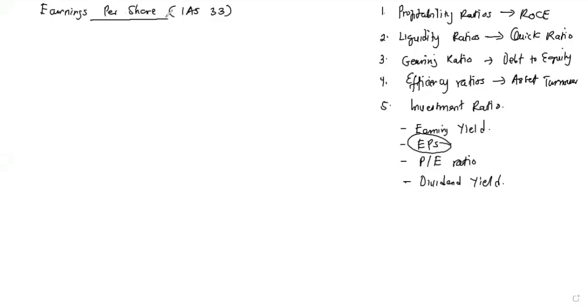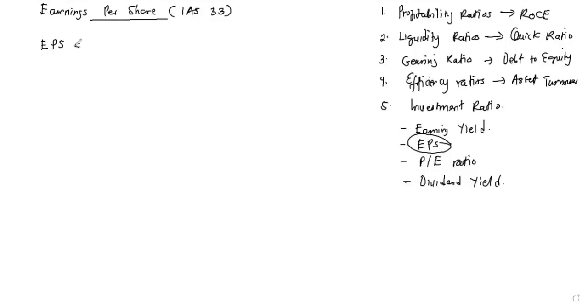Can anyone tell me how to get the earnings per share? Because it's an investment ratio. How do we get it? What's the formula for getting the EPS? If you know, you tell me. So one thing you should know is that earnings means profit.